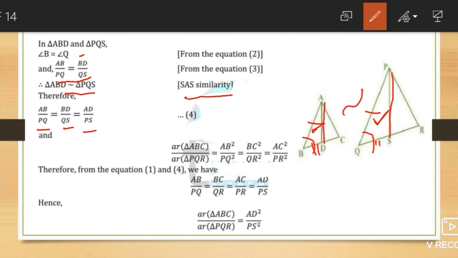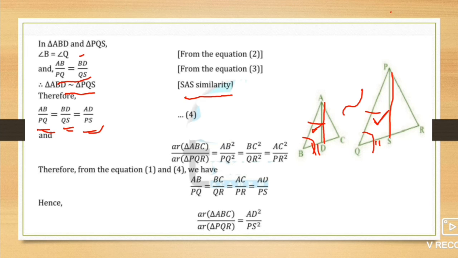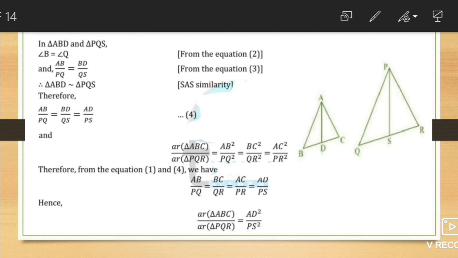Now, the ratio of the area of triangle ABC to triangle PQR is equal to the square of the ratio of the corresponding sides. That is, AB by PQ whole square, BC by QR whole square, AC by PR whole square.